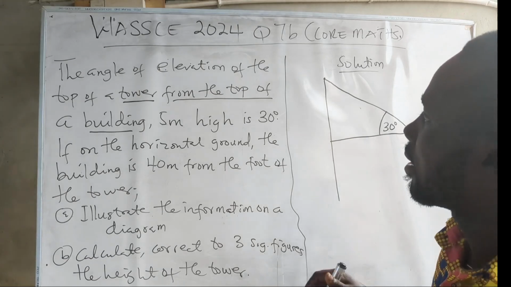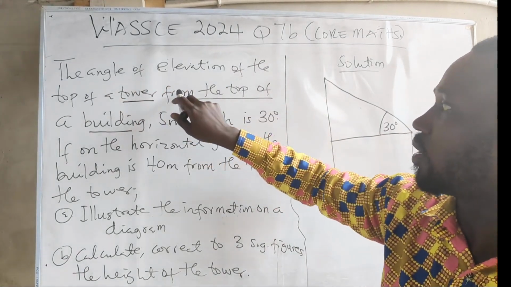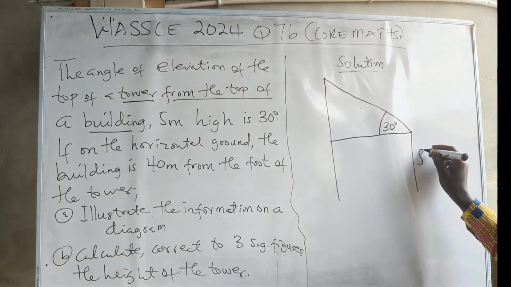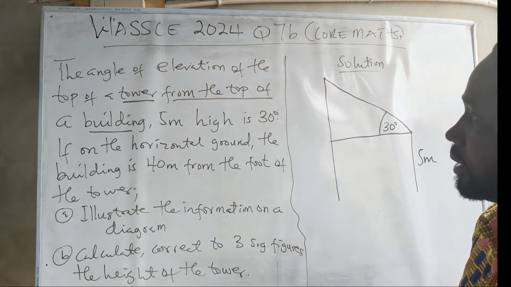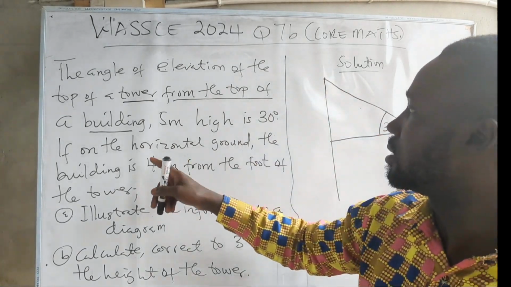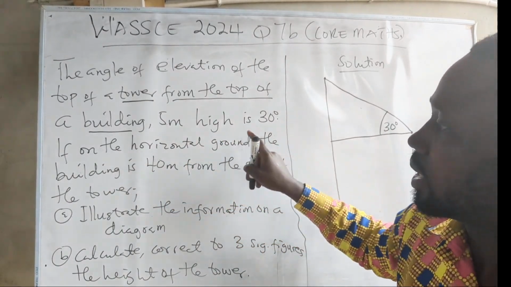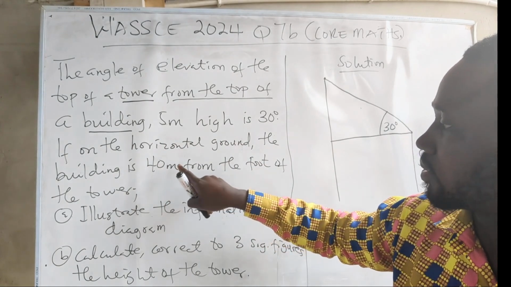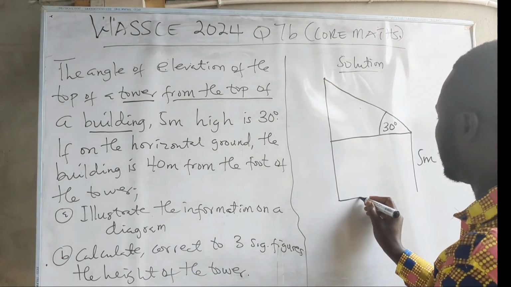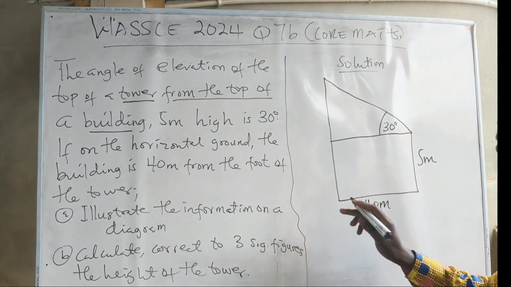And the question again says that the angle of elevation of the top of the tower from the top of a building 5 meters high is 30 degrees. So the building is 5 meters high. If on the horizontal ground, the building is 40 meters from the foot of the tower.